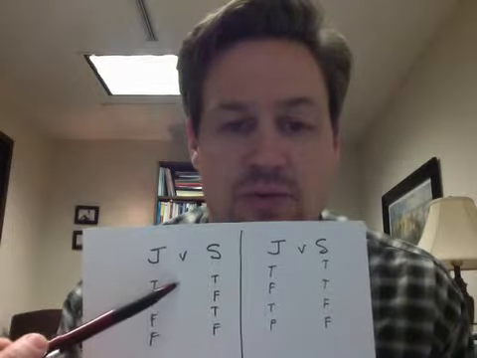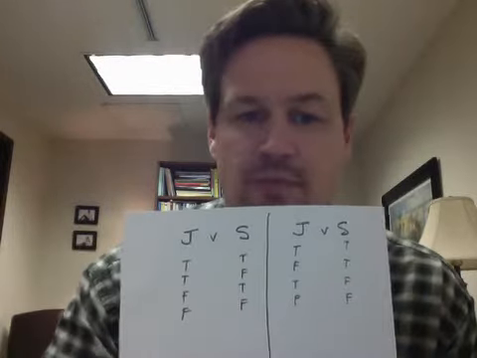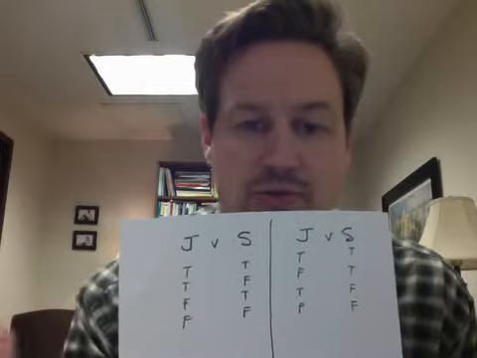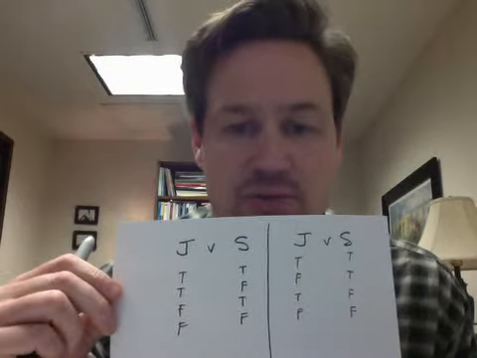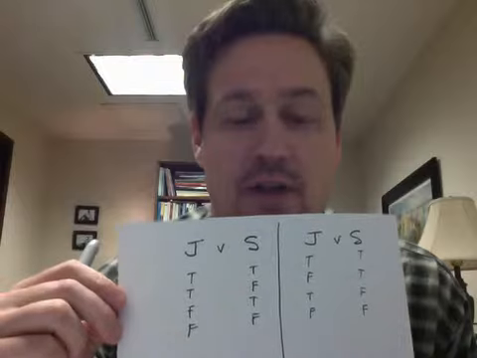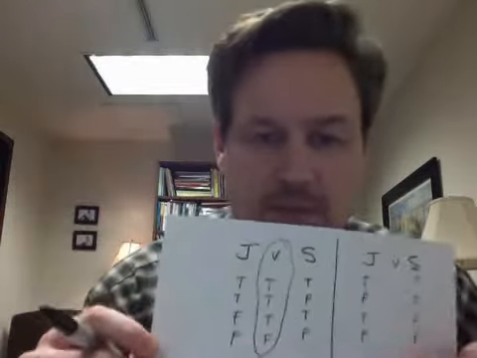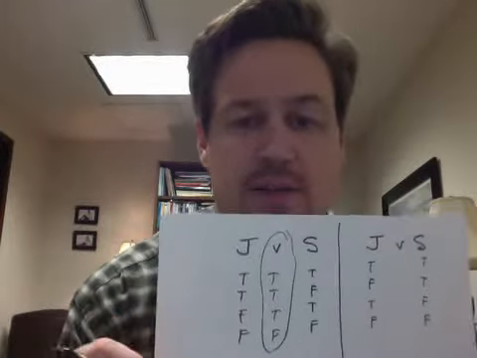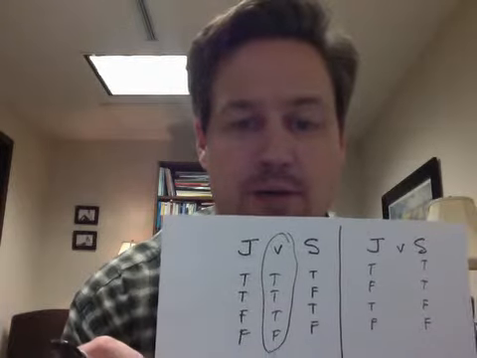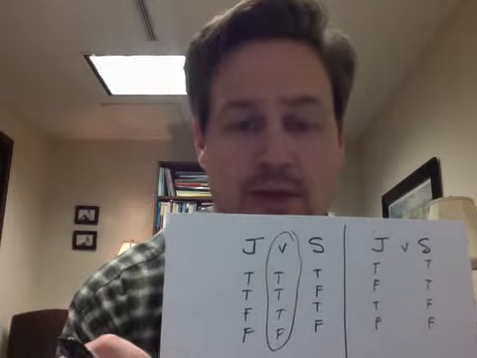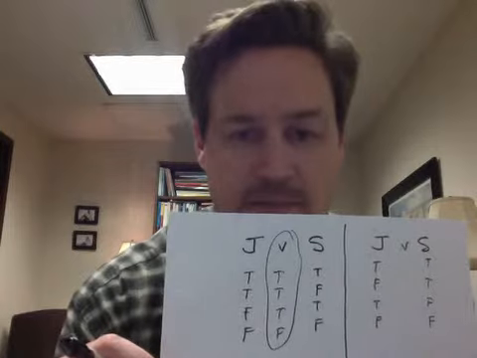So true and true is going to be true, true and false is going to be true, false and true is going to be true, and it's not until we get to the fourth line that we actually get a falsity. So I'll fill those in quickly. And as you can see, I circled the final operator column where the only falsity is in line 4.